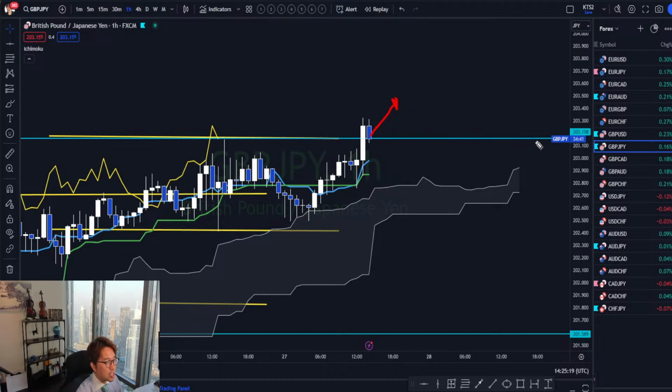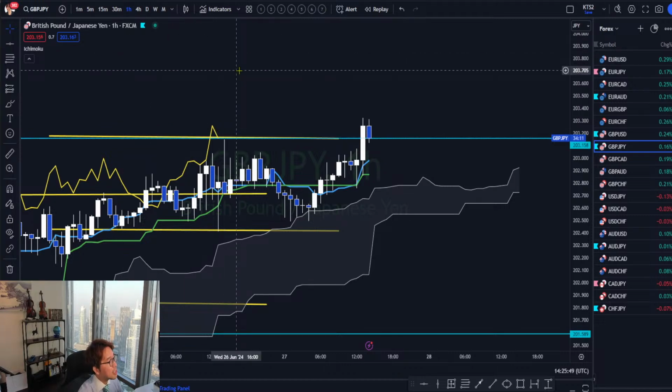But if it closes below that level, then it may come down to Tenkan Sen or Kijun Sen. So I may end up losing. So I'm more curious in terms of which price level this 1 hour candlestick closes. That's actually the position right now.